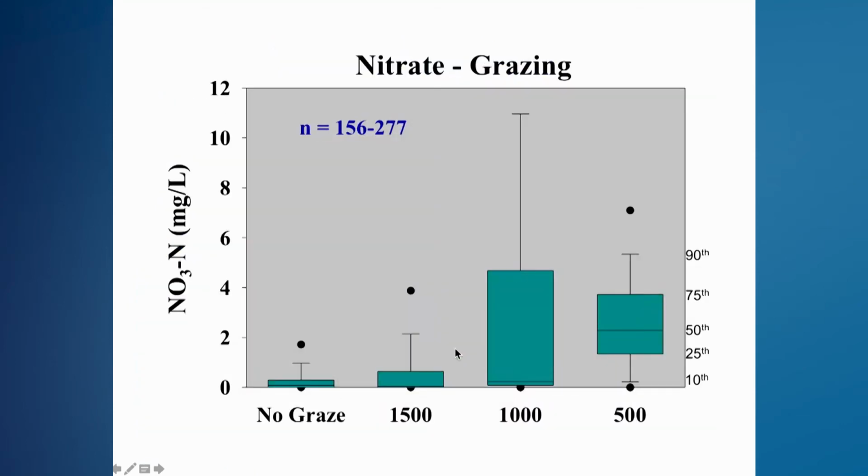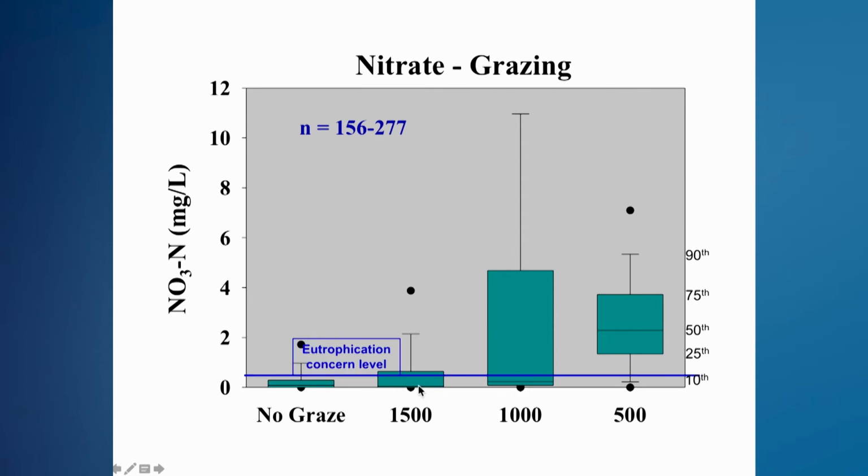This graph summarizes the grazing impacts here for nitrate, again in milligrams per liter. The median values, again, are the lines through the bars here, through the boxes. And what we find is median concentrations for the no grazing, 1,500 and 1,000 kilograms per hectare of residual dry matter were very low.